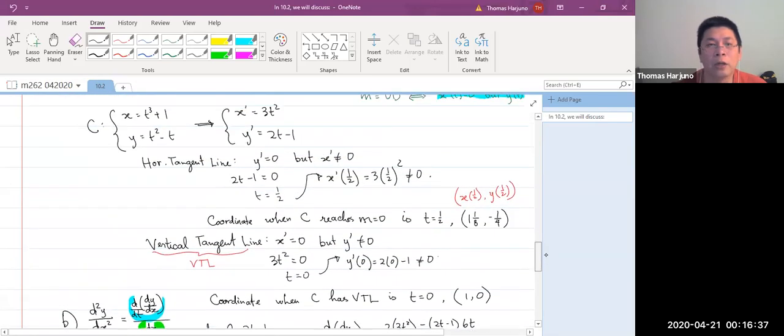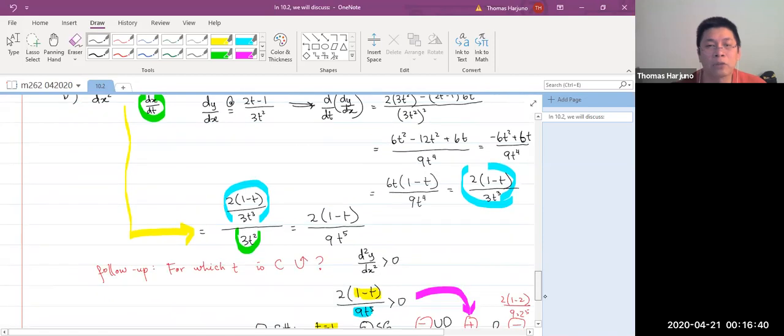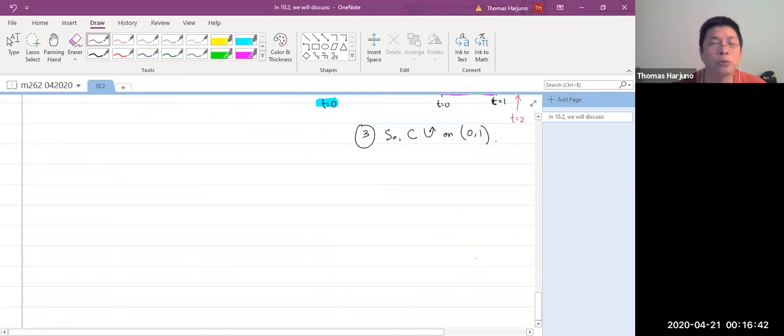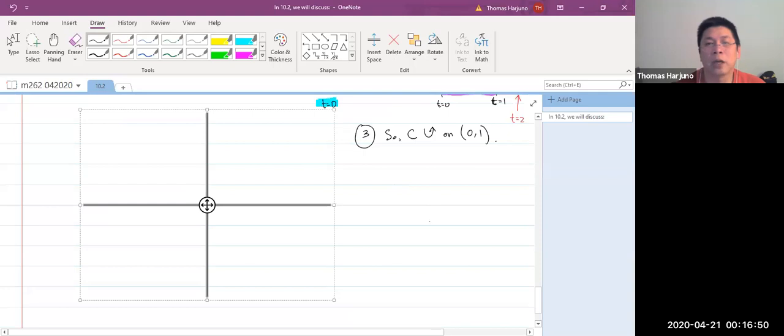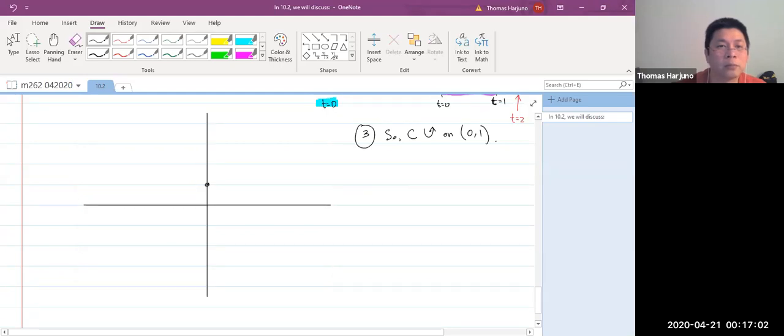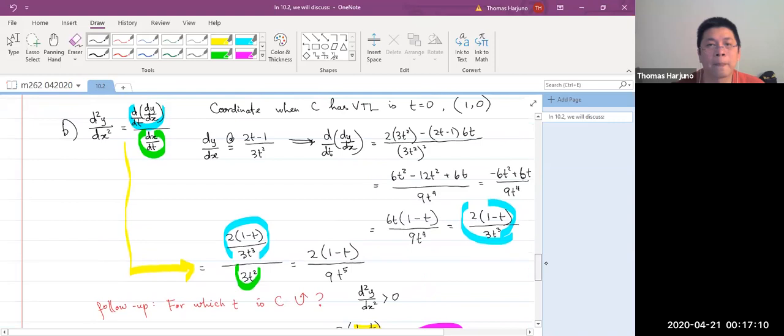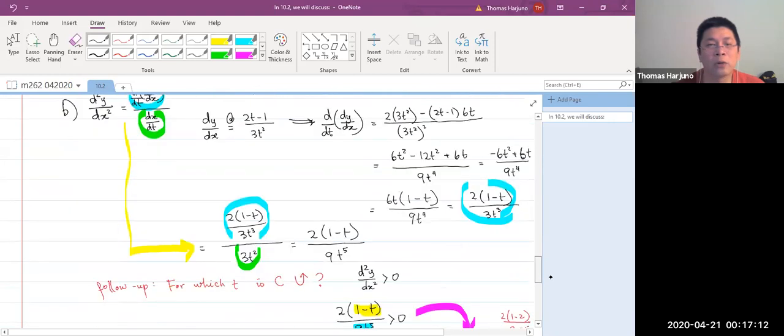Hopefully it works. Okay, let me try. I don't promise you. So let's say we have a coordinate system here. Okay, and then what coordinates do we have? Well, I happen to see on my screen here, I have 0, 1. Let me use that one. So I have 0, 1. What other coordinates do we have? 1, 0.